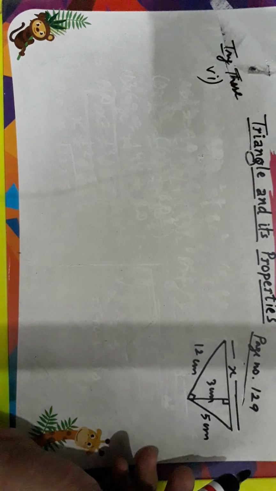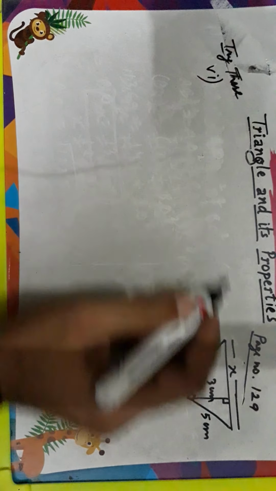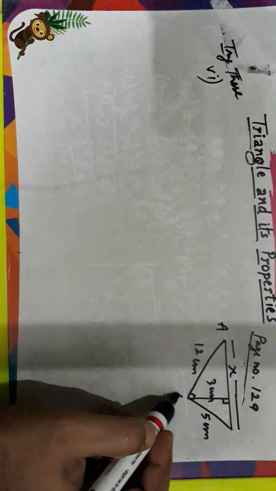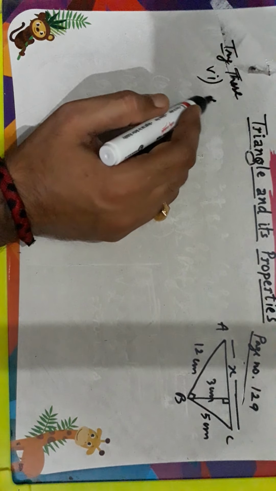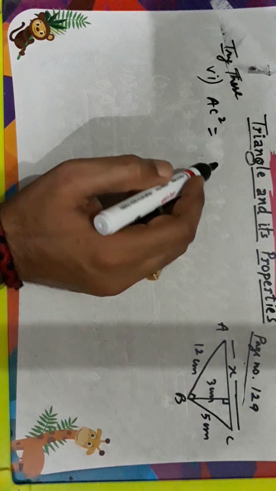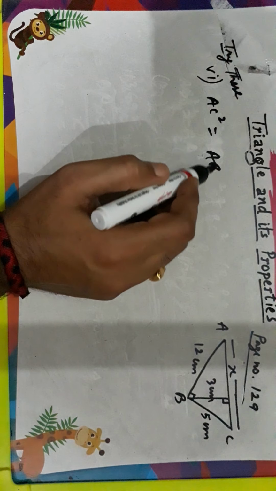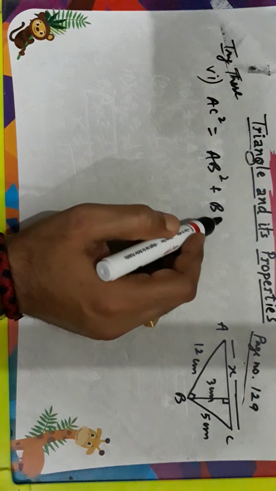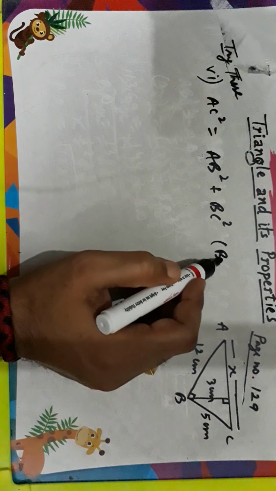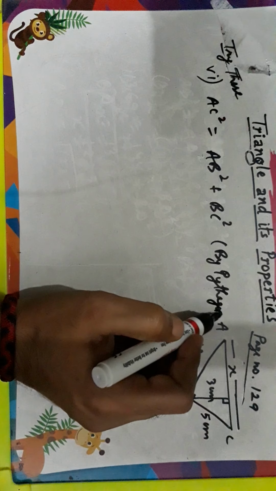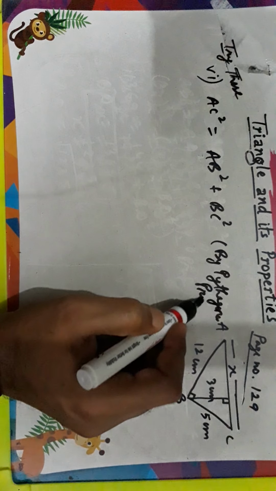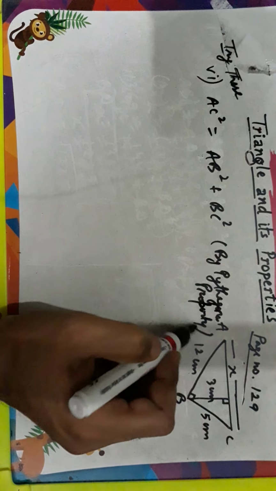If it is entirely this, now with A, B and C, AC square will be equal to AB square plus BC square using the Pythagoras property.